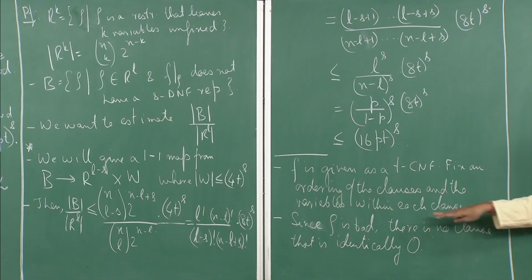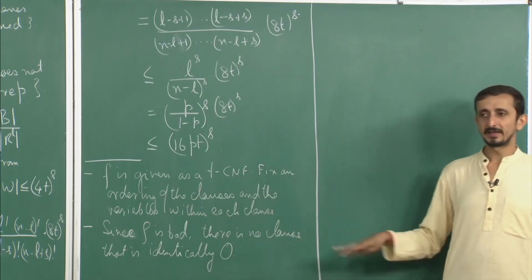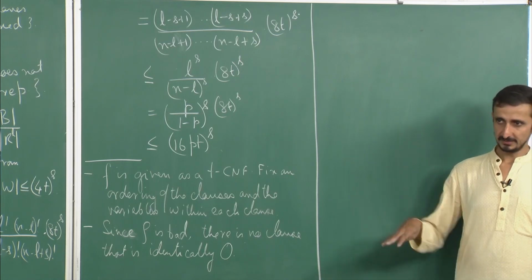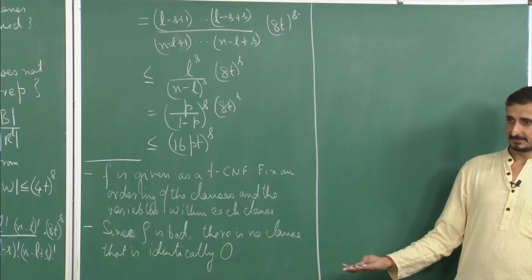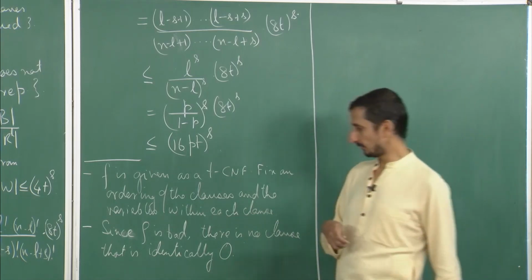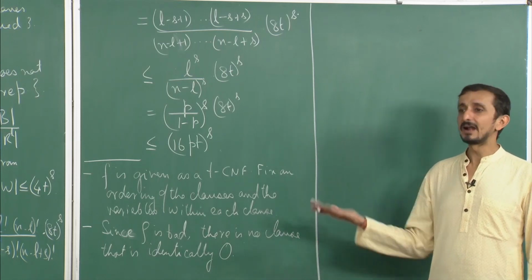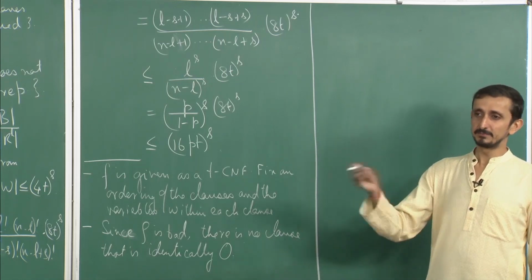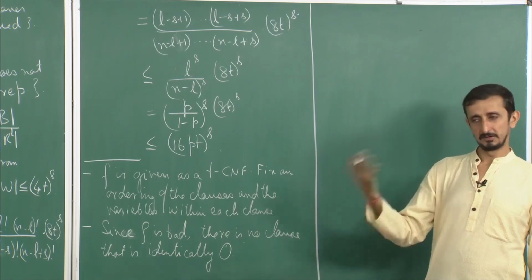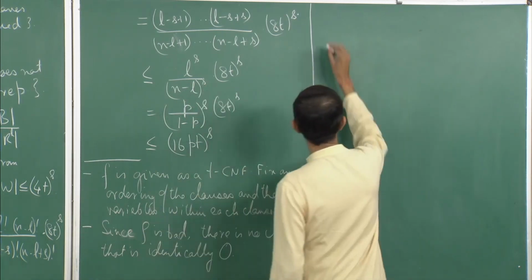So, because f restricted to rho does not have a SDNF representation, therefore, it cannot be the identically 0 function. Because it cannot be the identically 0 function, therefore, there is no clause that is identically 0. Okay. There can be some clauses which are 1 and there are some clauses which are unfixed, that is which have some variables which determine whether it will be 0 or 1.